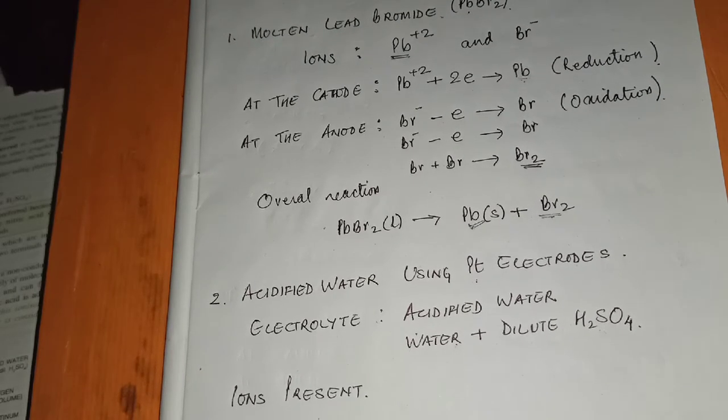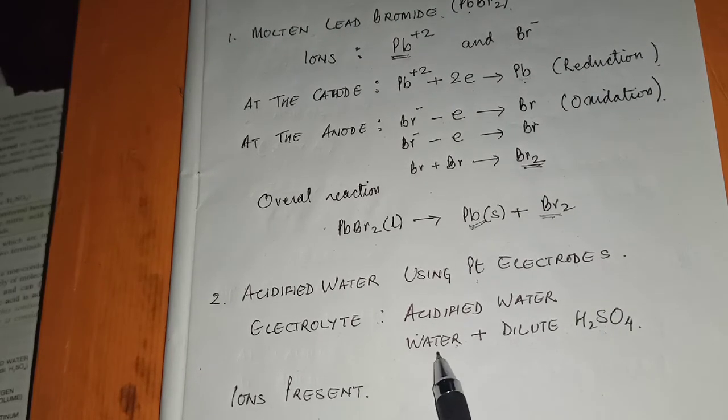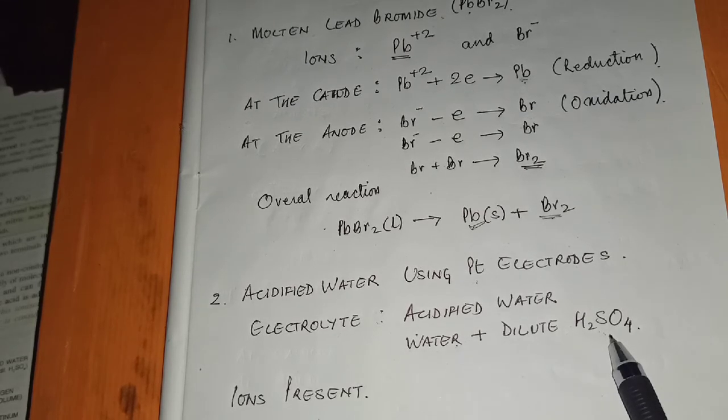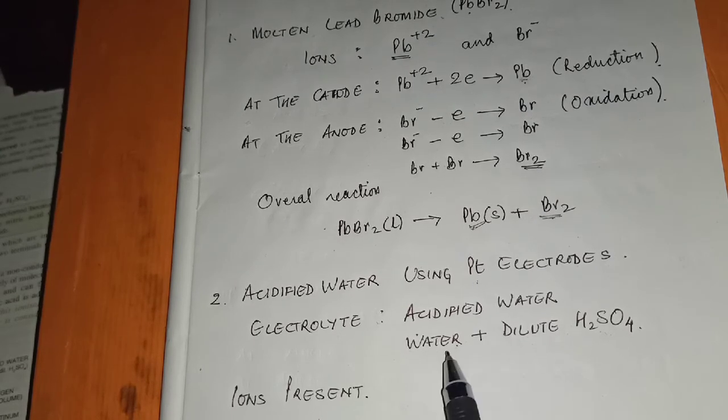Now if you carefully notice over here, water is a covalent compound and sulfuric acid is also a covalent compound. So these two compounds do not have any ions with them, therefore they undergo ionization. When we make a mixture of water and dilute sulfuric acid, they will undergo ionization, which we have already discussed in our earlier class.